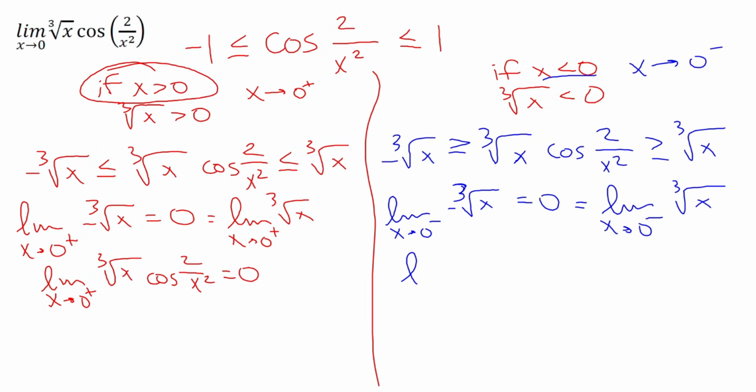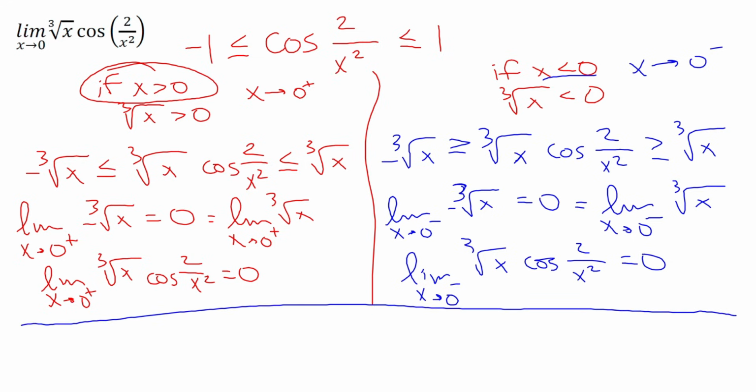Therefore, the limit as x approaches 0 from the left of the cube root of x times the cosine of 2 over x squared should also be 0. And now, because the one-sided limits are both equal to 0, that tells us that the two-sided limit as x approaches 0 of our function, the cube root of x times the cosine of 2 over x squared, should also equal 0.